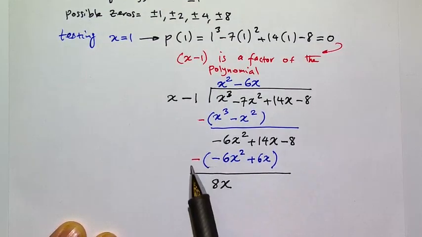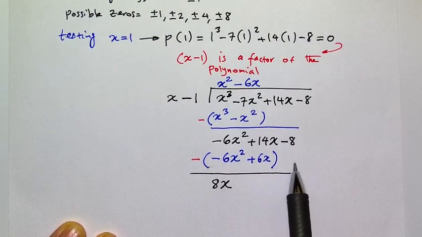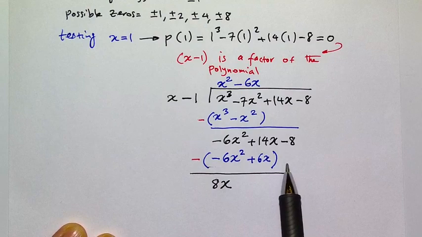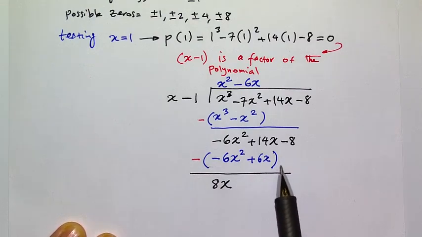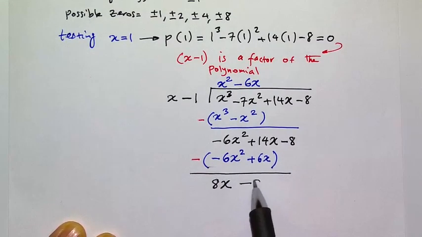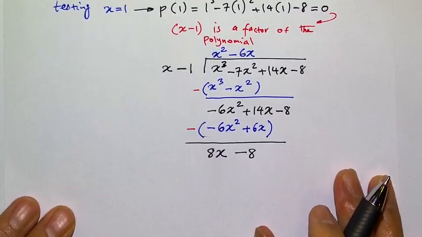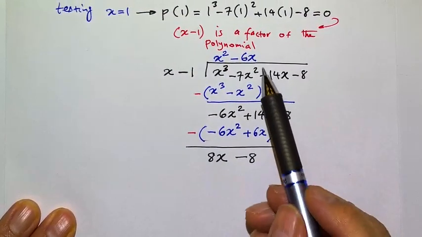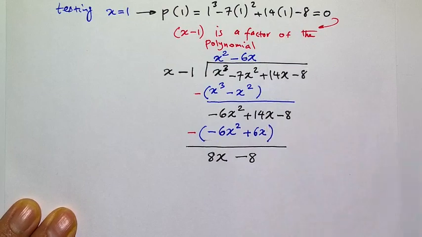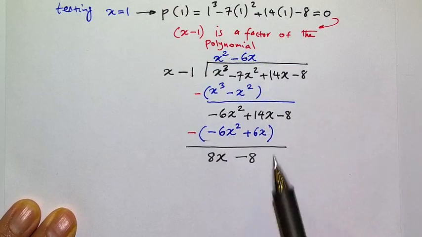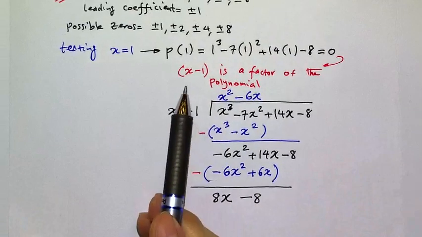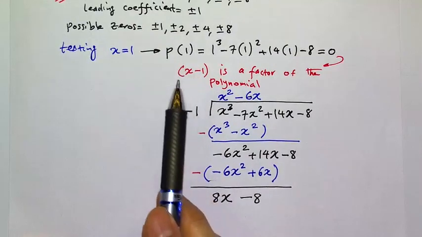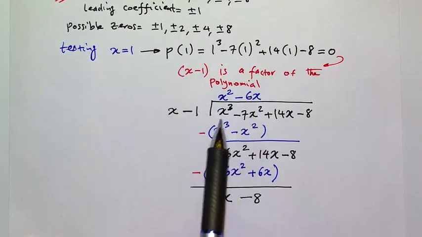And minus 8 minus nothing, right? Because there's no constant in this expression. So we'll just bring down minus 8 as it was, like that. Once again, we already know we should get 0 at the end, in this case, right? Because we found that x minus 1 to be a factor of the original polynomial.